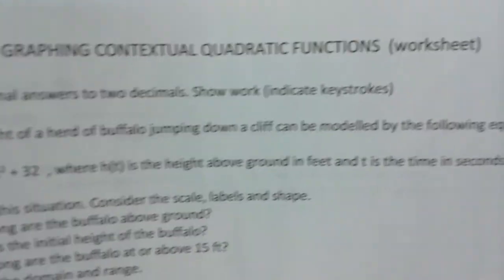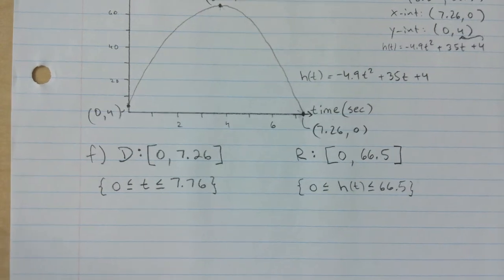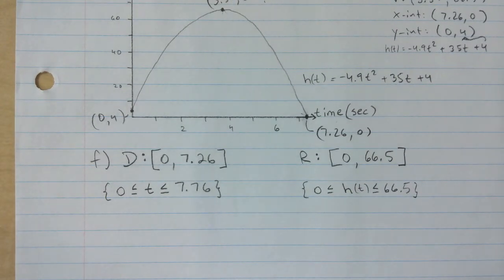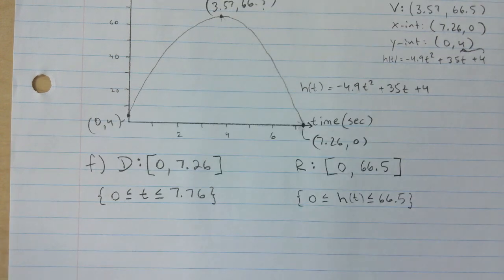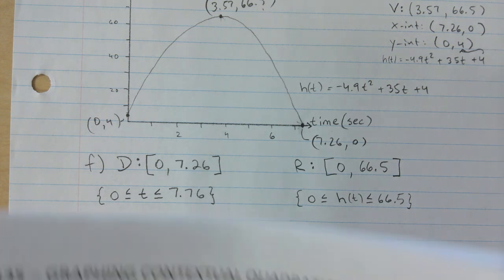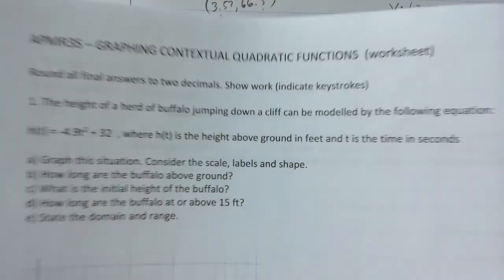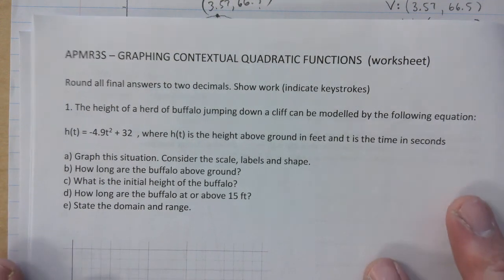So I want you to try pages 6, 7, and 8. They're one question per page. Okay, and you have lots of room to do your work right on there, so you can use all of that space that I've provided.